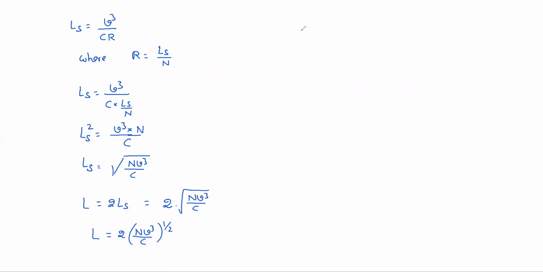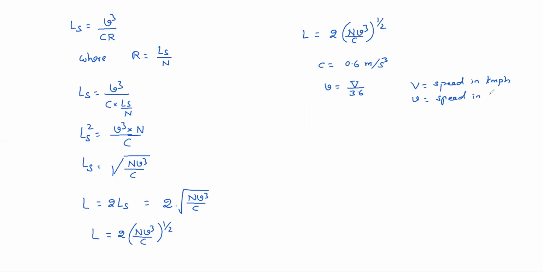Here in this formula, generally the c value we take is 0.6 meter per second cube. You substitute here velocity v equal to capital V by 3.6, where capital V is speed in kmph and small v is speed in meter per second.